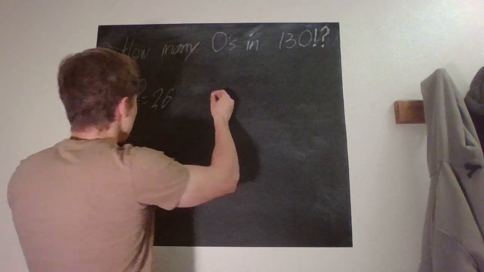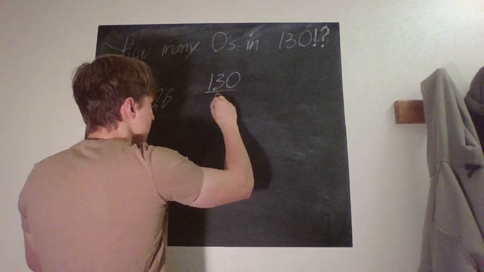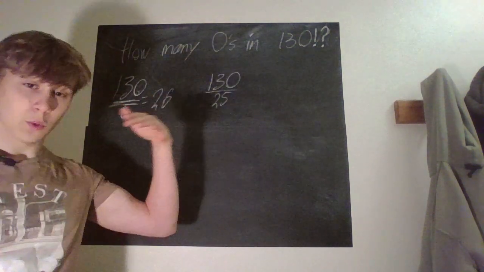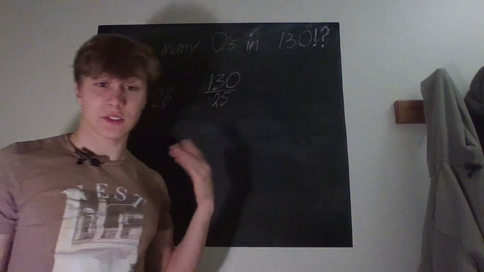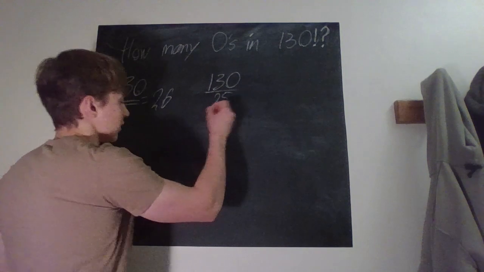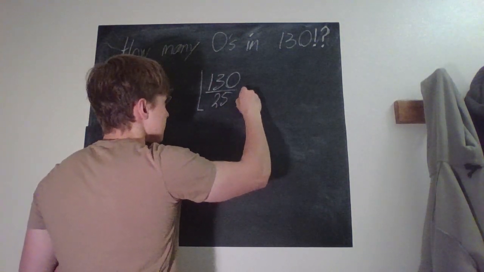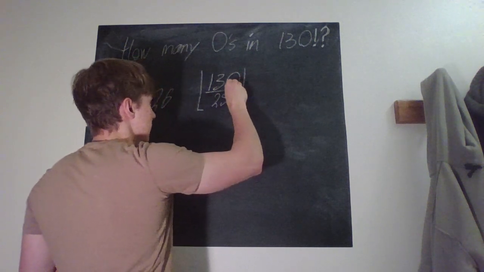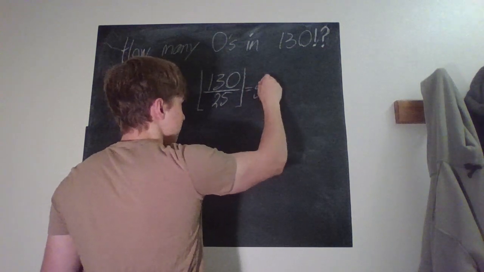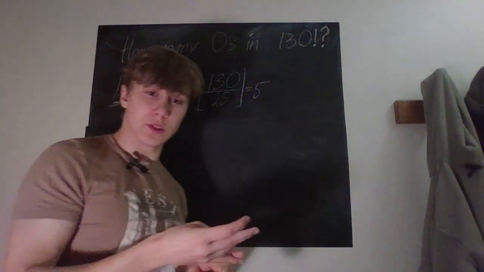If we just do the same thing, we would write 130 over 25, but this is not an integer, and we're only counting all the integers below 130 that are divisible by 25, so we need to put a floor on this, and then the answer would be 5, because 25, 50, 75, 100, and 125.